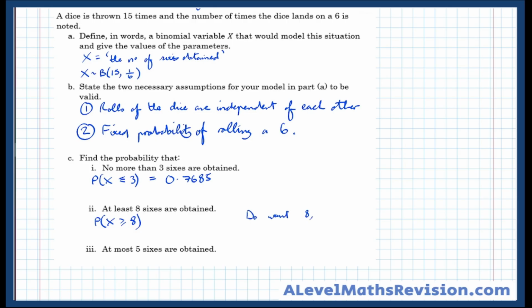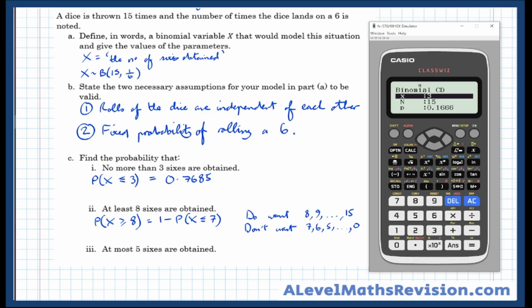So we do want 8, 9, 10, 11, 12, all the way up to 15. The calculator only works out less than or equal to, so we're going to take out what we don't want instead. So we don't want 7, 6, 5, 4, 3, 2, 1, and 0. So that's the same as 1 minus the probability X is less than or equal to 7.